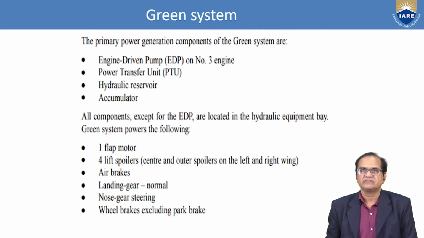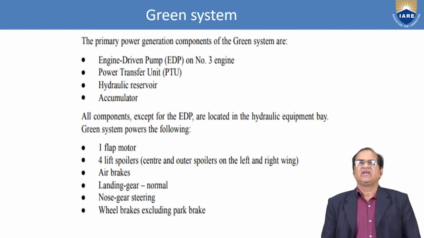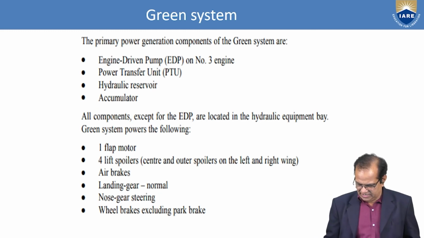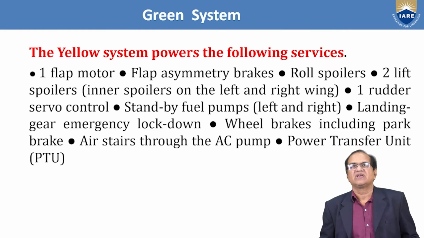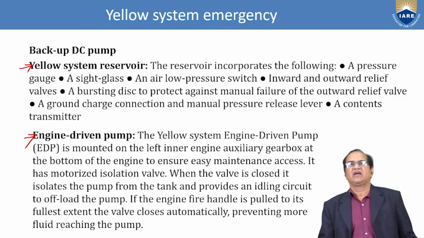Okay. Now the green system, I will talk about this green system. The primary power generation components of the green system are the engine driven pump on number 3 engine, power transfer unit PTU, hydraulic reservoir, and the accumulator. These are the systems which are operated.